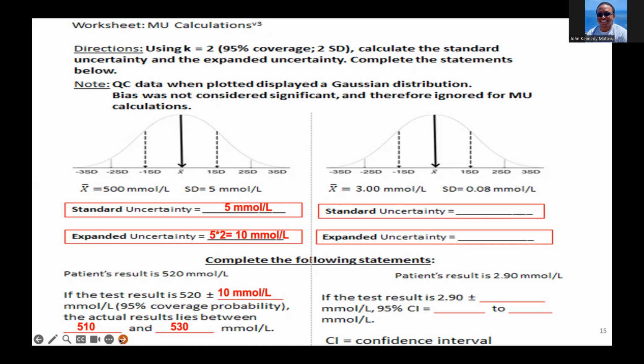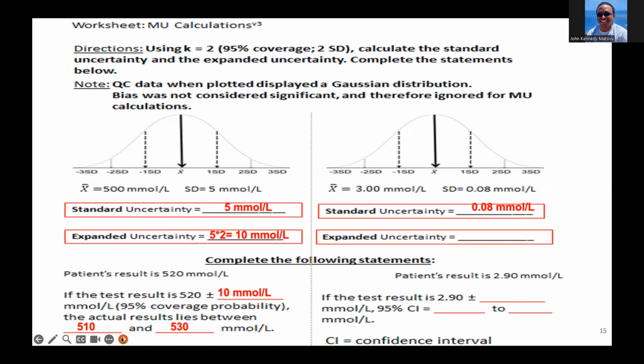So for the standard uncertainty, sorry, I opened the wrong document. So, okay, let's see. For the standard uncertainty, I had 0.08 millimoles per liter.